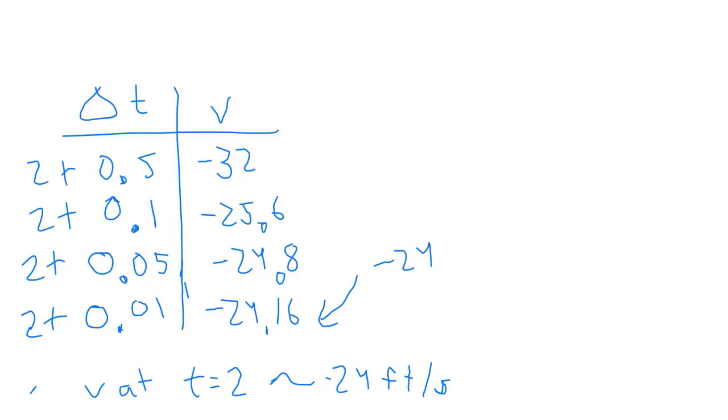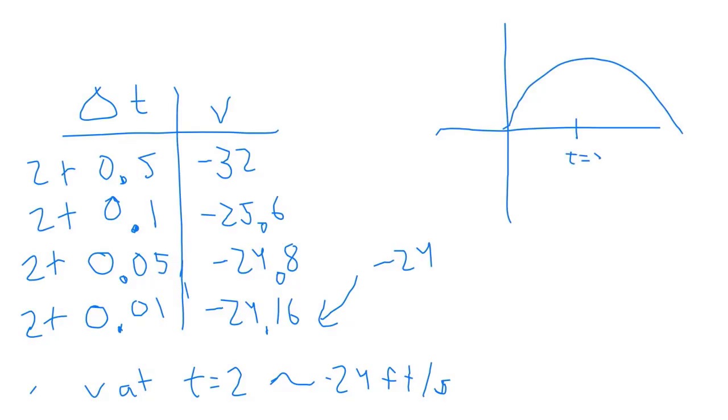If we graph this out, let's say at t equals 2, it's here. What you're doing is graphing a secant line like here, and then here, and then here, and eventually you're approaching something like -24 feet per second.